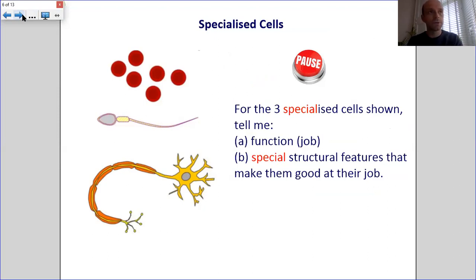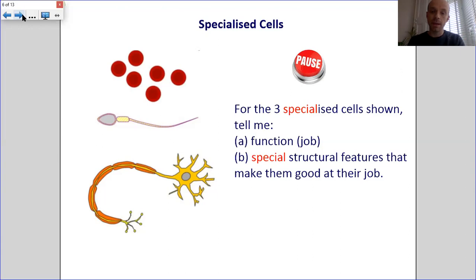So earlier on, we talked about the connection between the structure and the function of the cell. In other words, the structure, the shape, the size, the characteristics that it has, and the job that it actually does in your body.